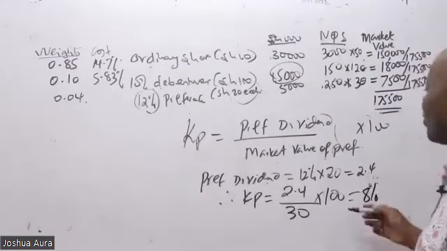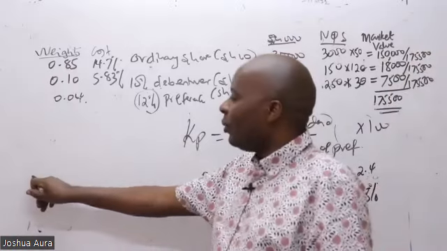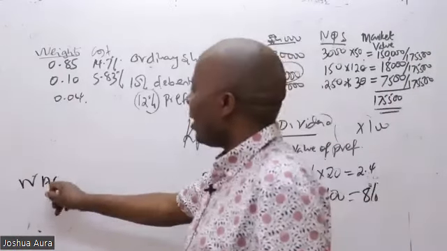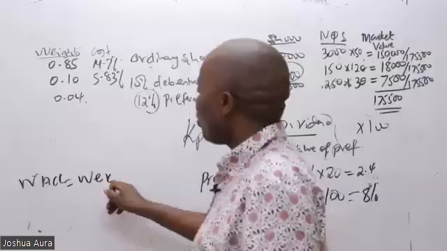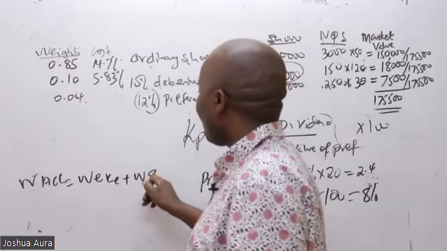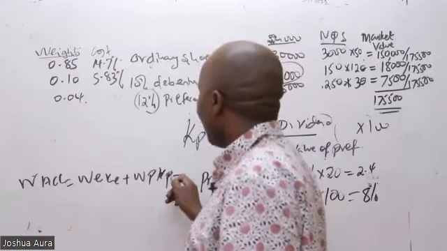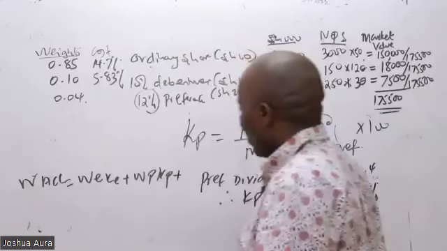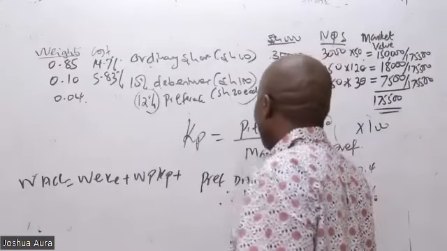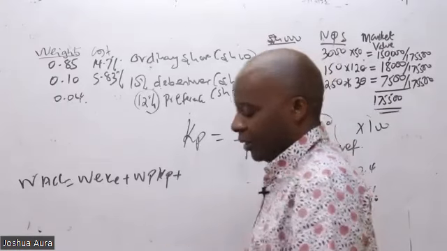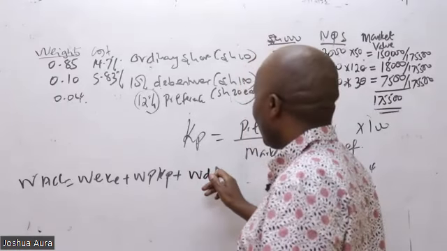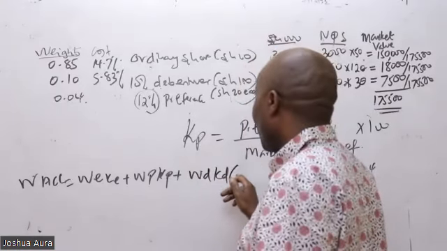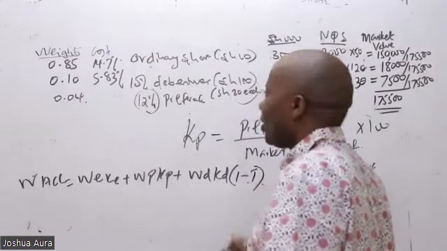Now that you have finished everything, you write the formula. This formula can give you a mark. It's weight of equity times cost of equity, plus weight of preference times cost of preference, plus weight of debt times cost of debt. But remember, this cost of debt must always be adjusted for tax.